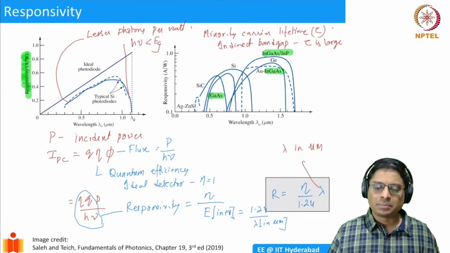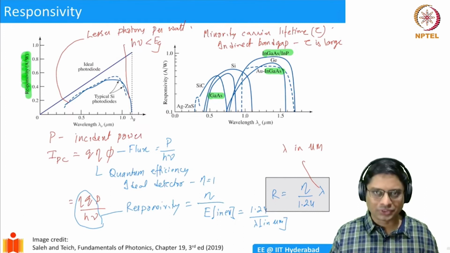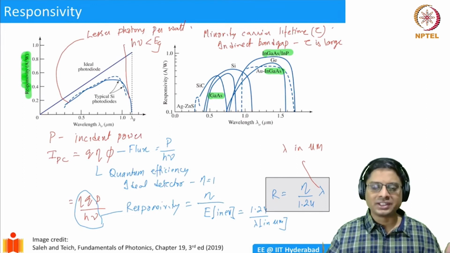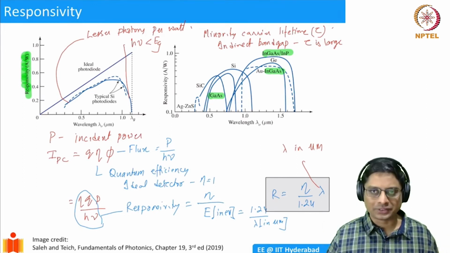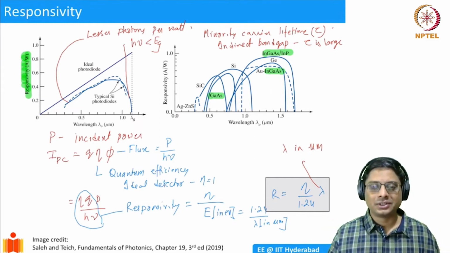Per unit length, definitely direct band gap materials will absorb many more photons, but we can overcome that by increasing the width of the material and then collecting the electron hole pairs. So that is why, even silicon solar cells, I started the discussion by saying that silicon is not a good material for optoelectronic applications, but then I showed you silicon for solar cell.